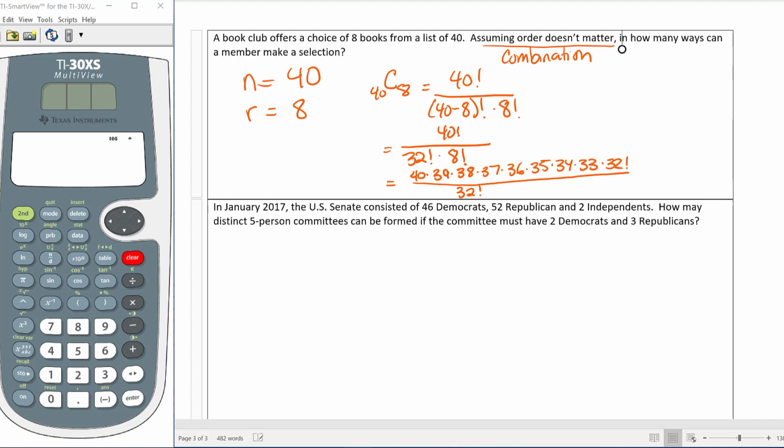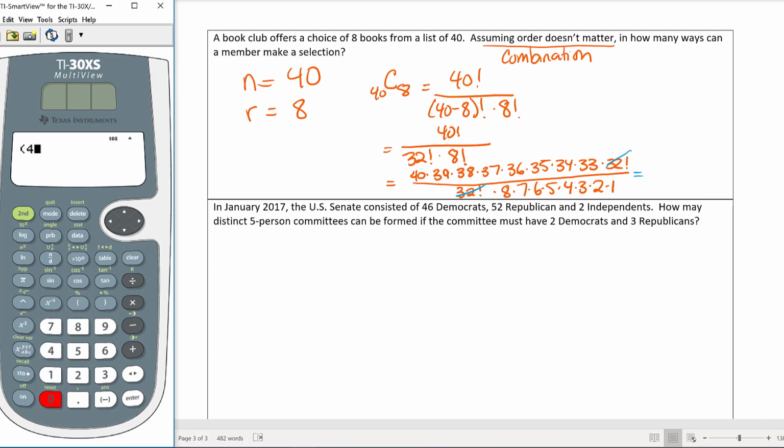Ooh, that was a lot of writing. But I still have 8 factorial, which is 8 times 7 times 6 times 5 times 4 times 3 times 2 times 1. The 32 factorials divide out nicely, which is helpful. Now I'm going to type it in the calculator.